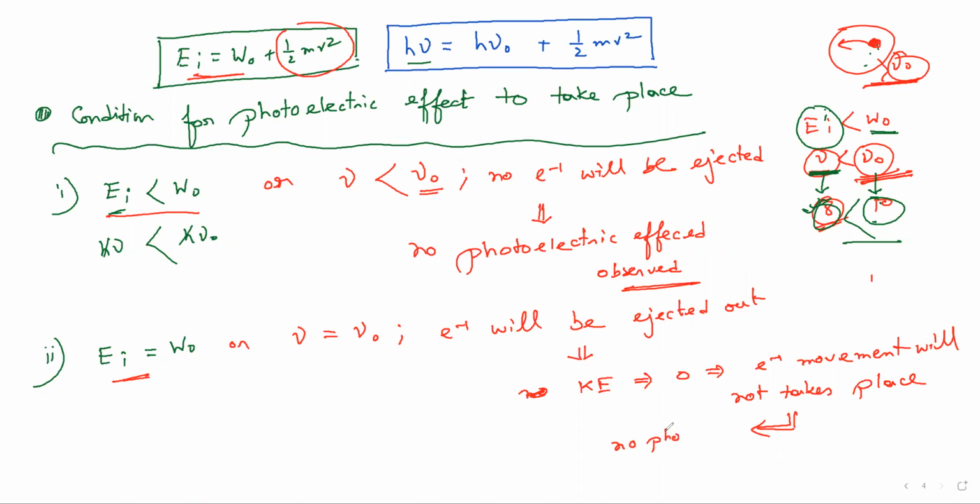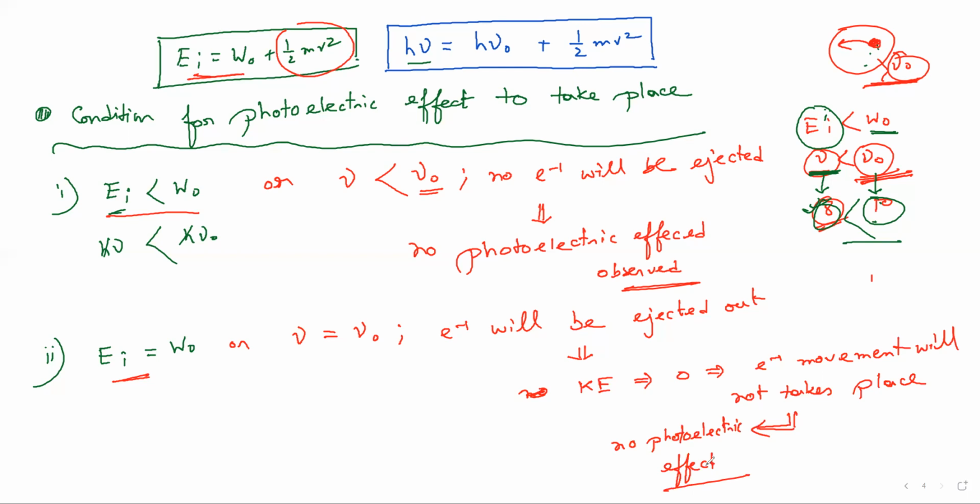Photoelectric effect is basically the ejection of an electron, which is known as a photoelectron, and the movement of this photoelectron. The whole process is called the photoelectric effect. In this case, ejection of the electron takes place, but movement of the photoelectron does not happen. That's why no photoelectric effect. Is it clear? The second point is clear.